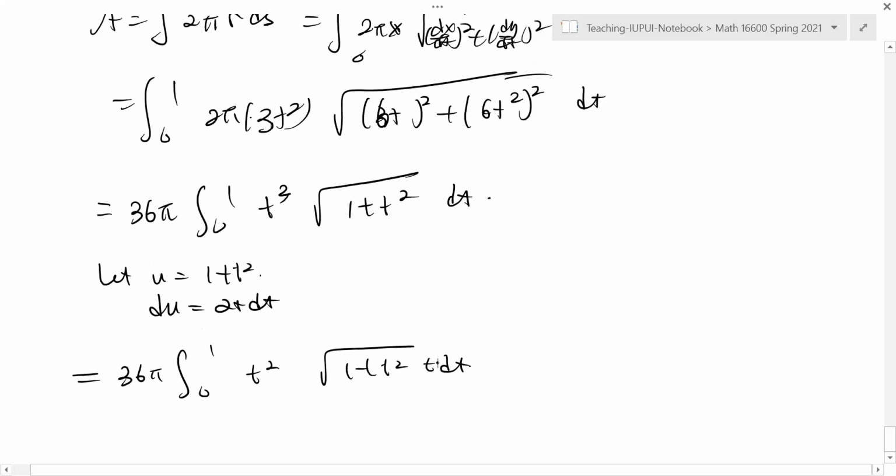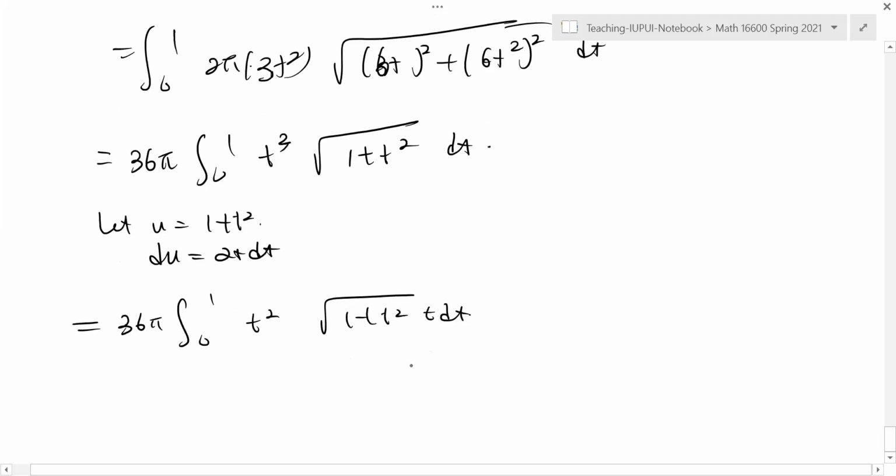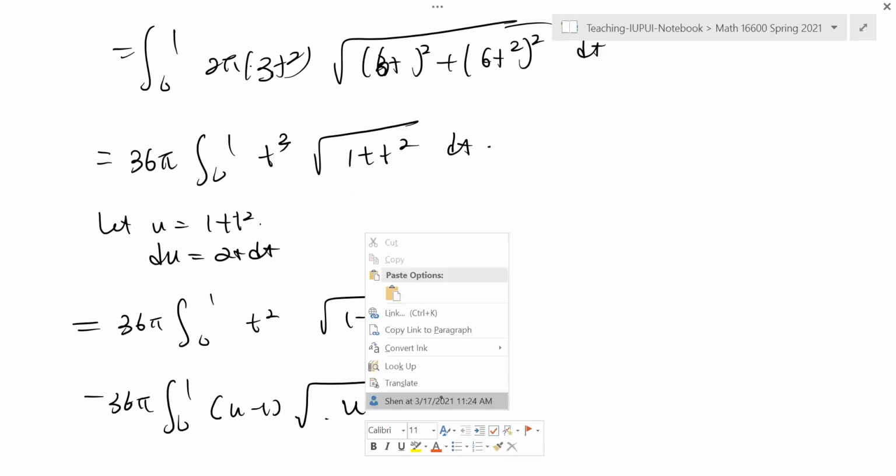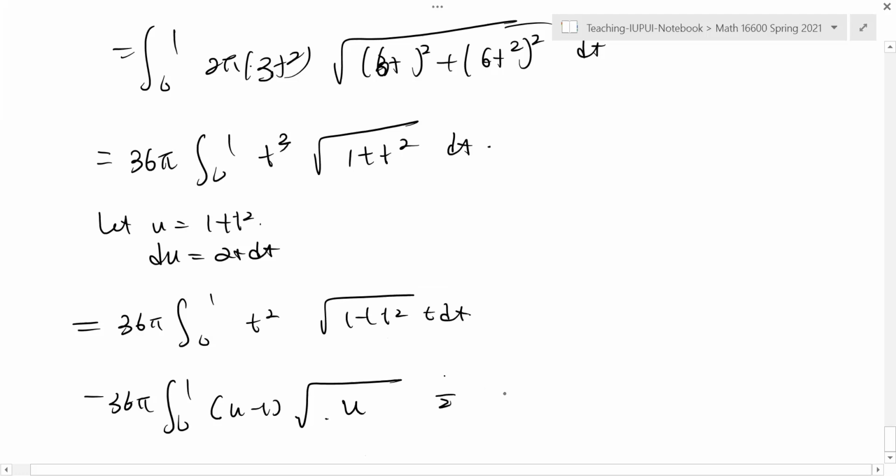So this is t dt. So t squared is going to be u minus 1. That's just u, 1 plus t squared. And t dt is half of du. And u goes from t equals 0 to t equals 1. So it's from 1 to 2. That is the domain for me.